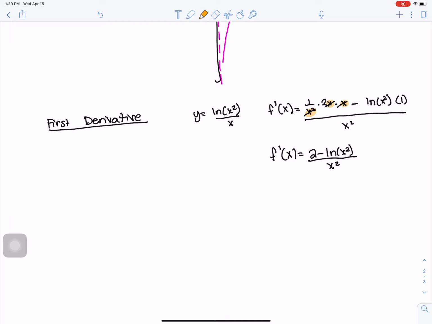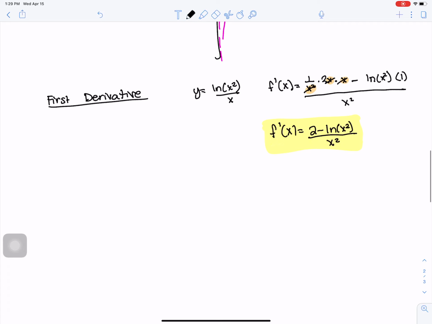I'm going to circle this response because that's important to know. That's what I'm going to sub my values into. I want to check where the derivative is equal to 0. This would mean that 2 minus ln of x squared has to equal 0. So I'm going to move the ln to the other side. ln x squared equals 2.